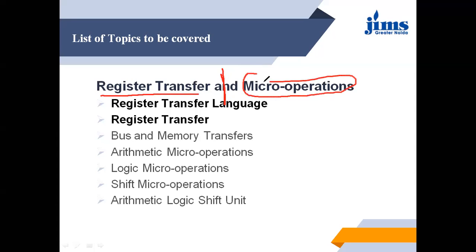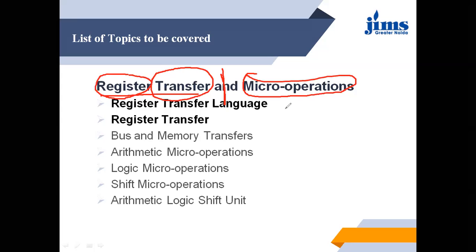We know the meaning of register, an element that contains some information. We know the meaning of transfer, meaning processing the information in such a way that it is transmitted from one place to another place.